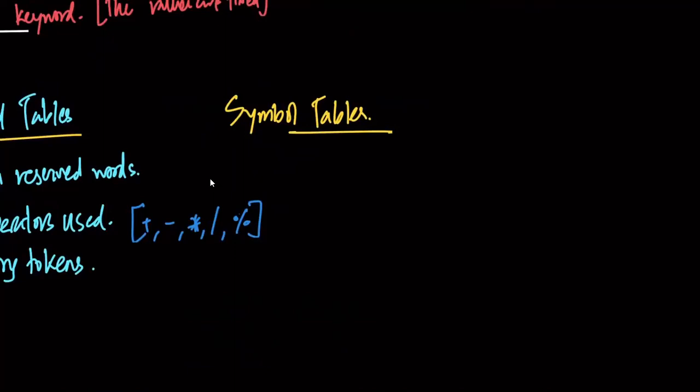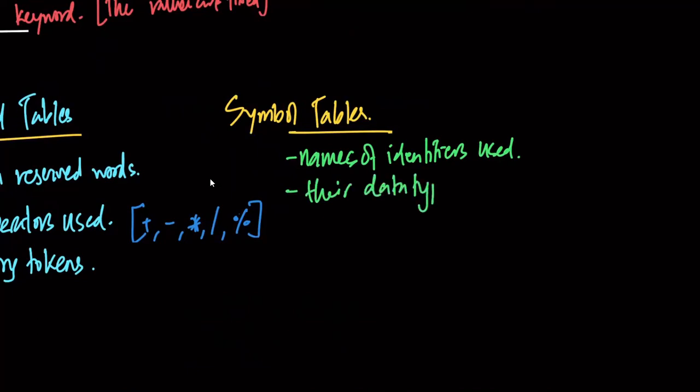A symbol table contains the names of identifiers used, the data type of the identifiers, and the role of the identifier.